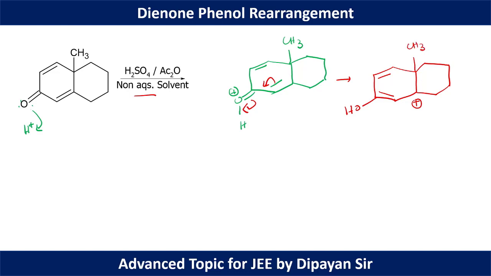The thing is that aromatic stabilization is not easy in this case. That's why this 6-membered ring will undergo ring contraction. So this intermediate will look like this.